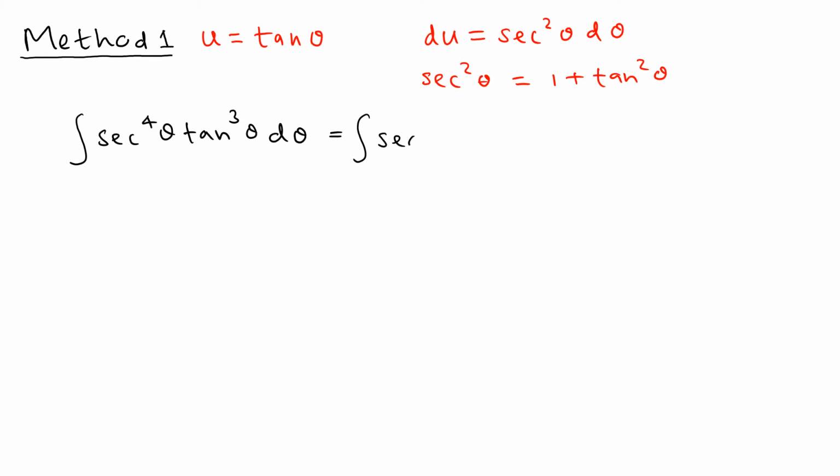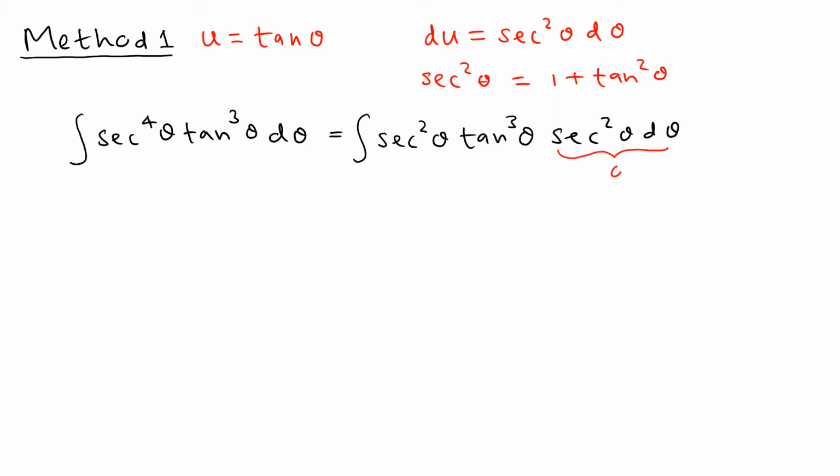That means we have secant squared theta left here, and then we also have tan cubed theta, and then we have that secant squared theta d theta for the derivative part, and we are not going to touch that part. We're going to leave this part for the derivative, because it's a du.